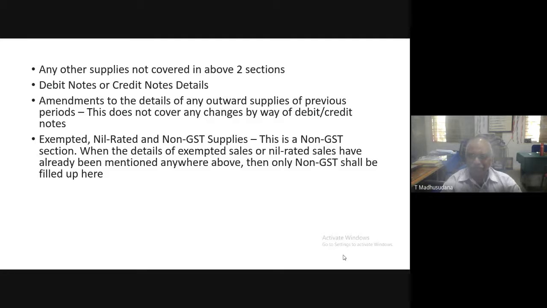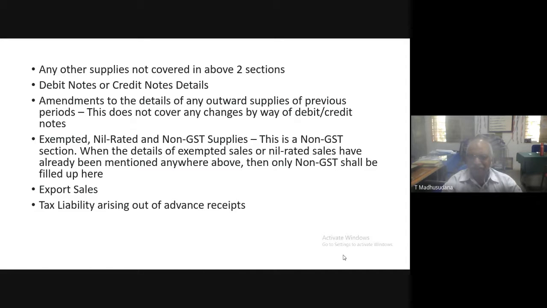Next, exempted, nil rated and non-GST supplies. The details of exempted goods, nil rated goods and non-GST supplied goods are also to be filled. Next, export sales. If you have exported any goods or services during the period, those export sales details are to be filled.